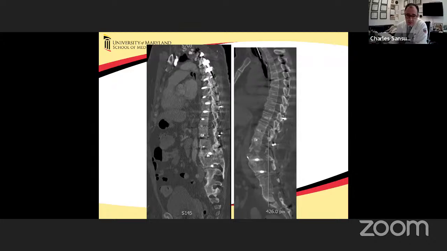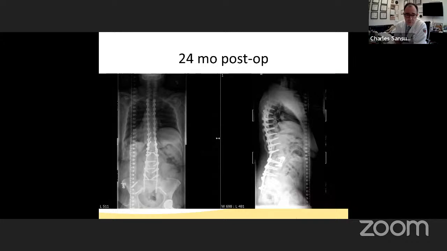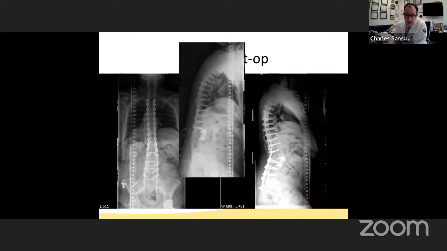This allowed for a substantial release of the ALL and correction. This is a 24-month post-op showing maintenance of the alignment, and this just shows the pre versus post.